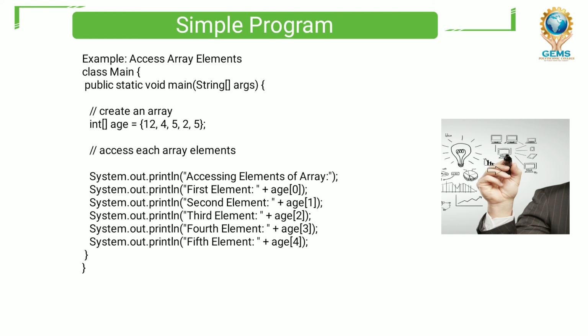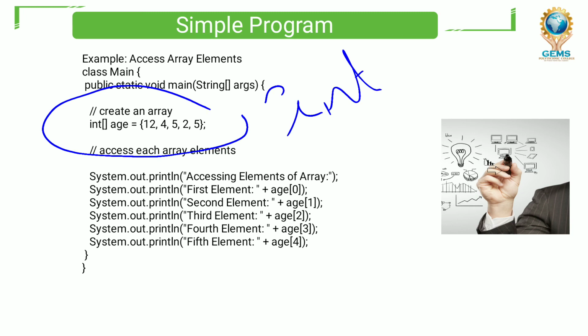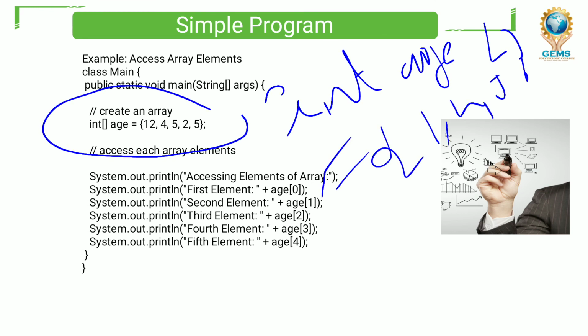We will see a small program here. This talks about accessing array elements. How do we create an array? Creation and declaration are both the same. It is simple. First, the data type should be there, int. Then the array name, which is age. Next, square braces, then curly braces, and we enter the number of elements: 1, 4, 5, 6.